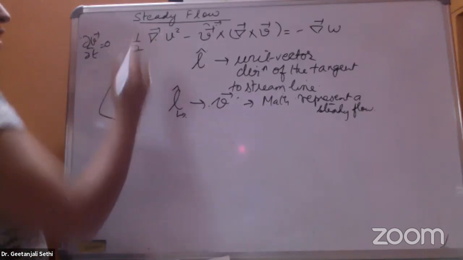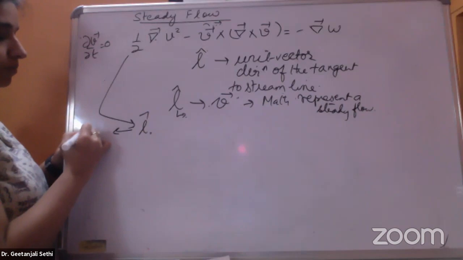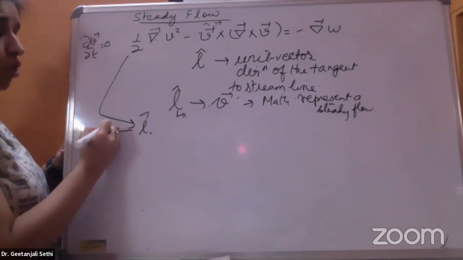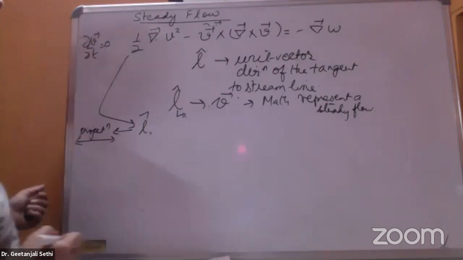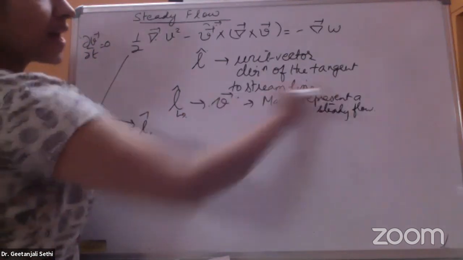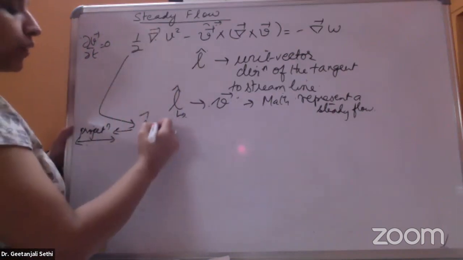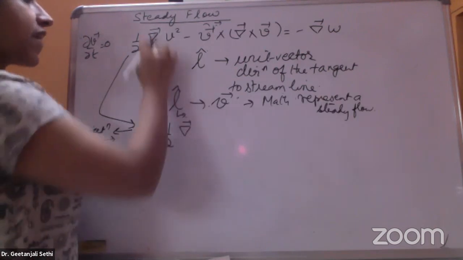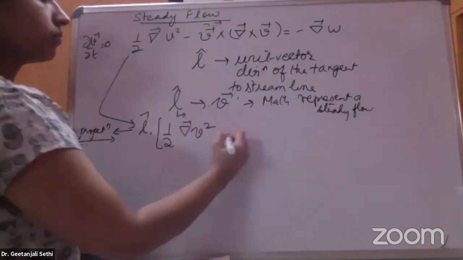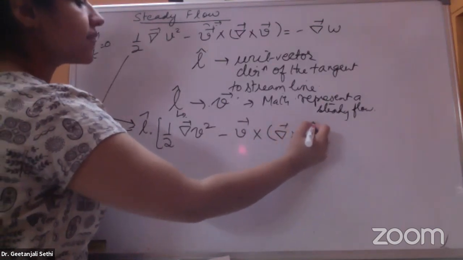So I take a dot product, that is projection, because that's the only thing that I'm now interested in, the projection of this vector equation along the direction of my streamline. So I take a dot product of this vector equation. I hope you all understand that this is a vector equation.